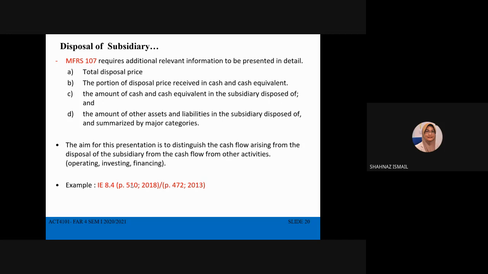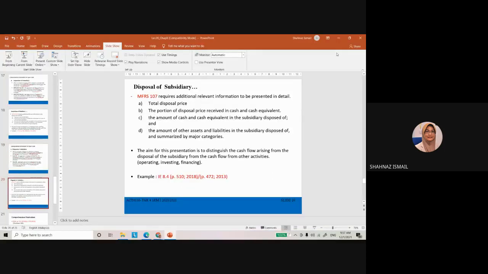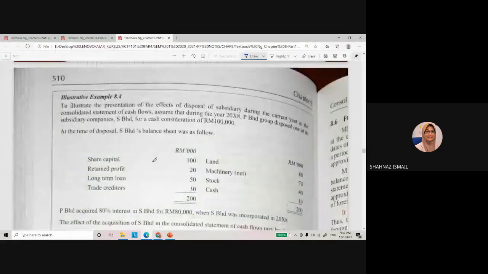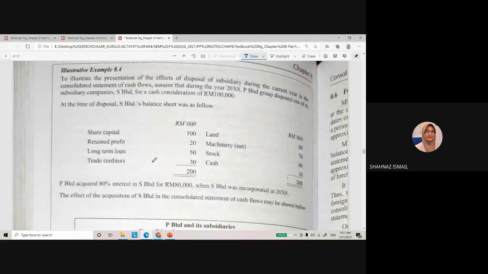Okay, so to that kita akan lihat example 8.4. Okay, disposal of subsidiary. So this is the case. Alright. P Berhad disposed one of its subsidiary, iaitu S Berhad.